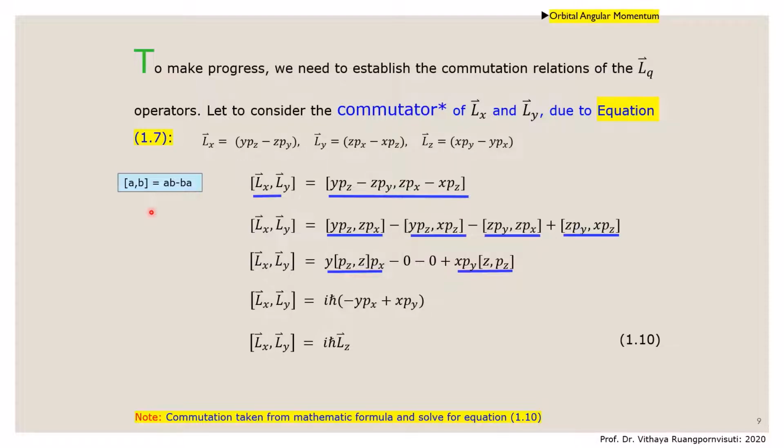Therefore, the commutator between Lx and Ly can be written as the first equation. We can expand and operate, and then we get the fourth equation. In the fourth equation, if we replace the Lz function, we will get equation 1.10.